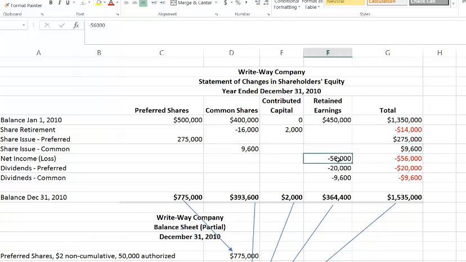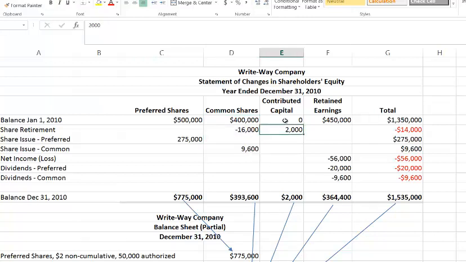But I also had a loss, which reduced retained earnings and reduces equity. I also had to close out my cash dividends account and my common share dividends account, which reduced retained earnings and reduced equity. So now my total values in my equity accounts at the end of the year are: preferred shares $775,000, common shares $393.6, and don't forget, all I'm doing is adding up what's in here.